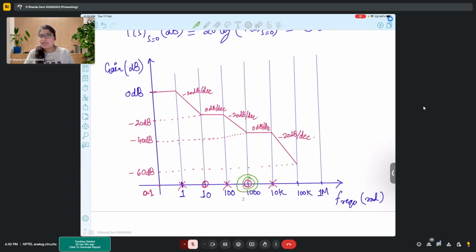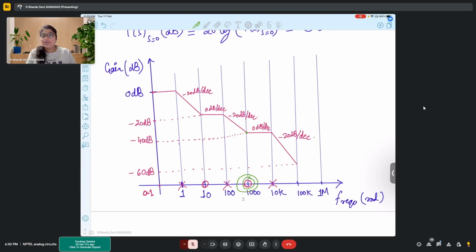So before 1000, everything will remain the same, right? As nothing is changing over there. So after 1000, how will my graph change? So see, at 1000, yes, the graph will move up, and let's observe how. Since you are encountering two zeros, one zero introduces plus 20 dB slope.